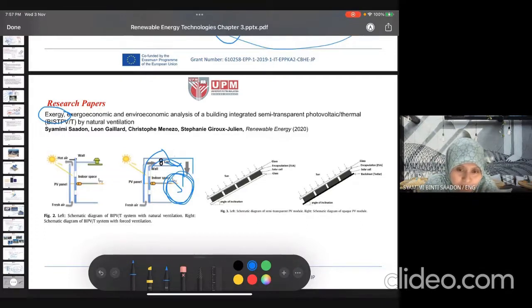If you use semi-transparent, some of the radiation will be transmitted to the inside of the building, the indoor space. For the opaque PV module, there is a back sheet, so it's like a black body.